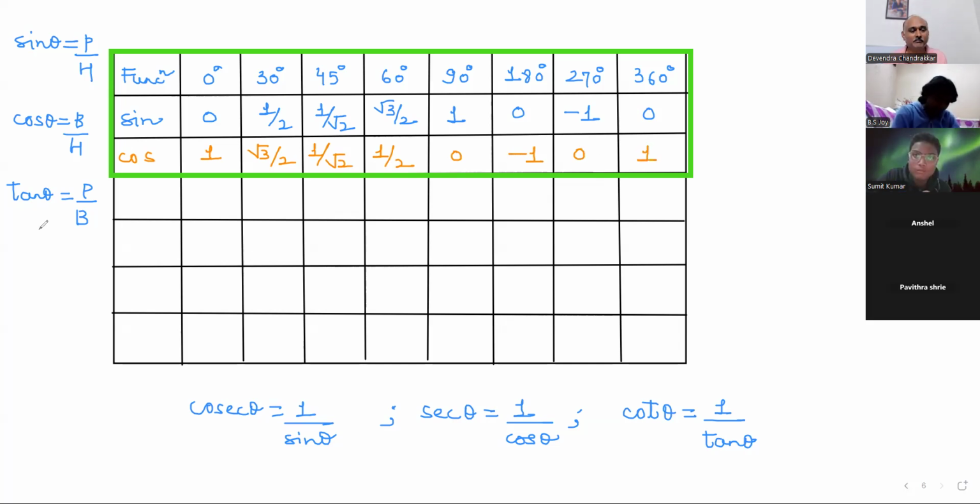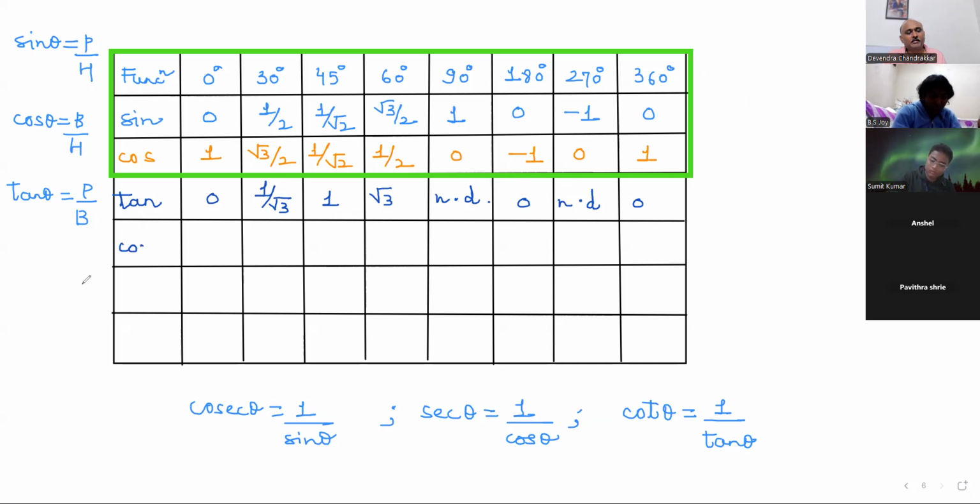Baaki sab kya karna hai, aasaan kaam hai. Tan kya hota hai, the ratio of these two, 0/1 is 0, this is 1 over root 3, this is 1, this is root 3, this is not defined. When the denominator in a fraction is 0, then that fraction becomes not defined. This is 0, this is not defined, this is 0.